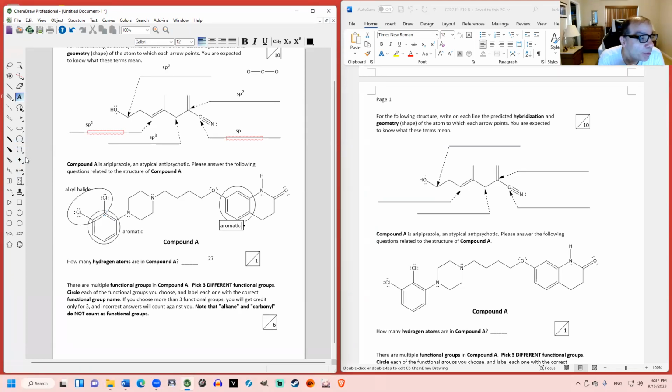And then we've got some nitrogens in the next ring. Those are going to be amines. Remember, amines are organic derivatives of ammonia. And so it's a nitrogen with at least one alkyl group attached.